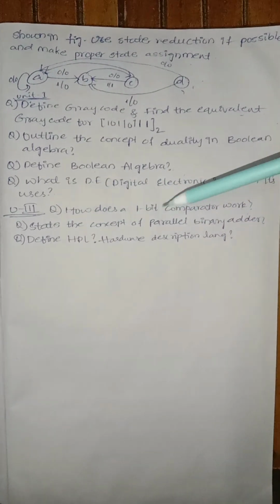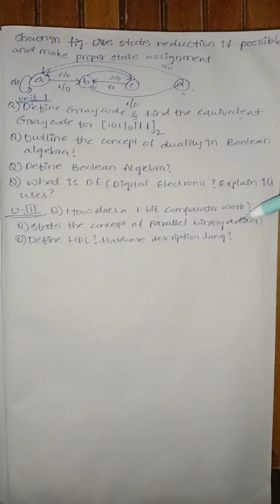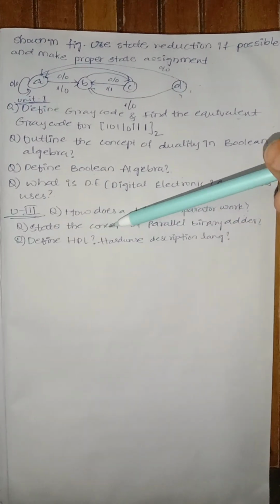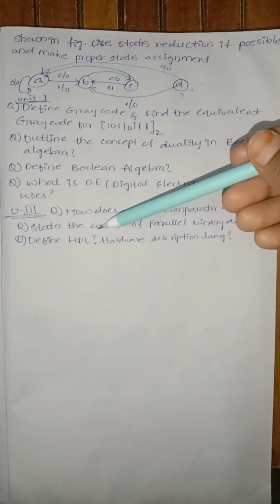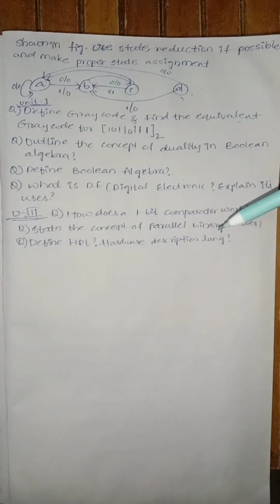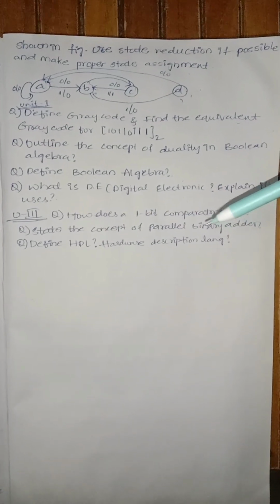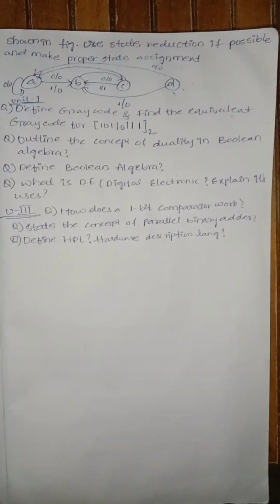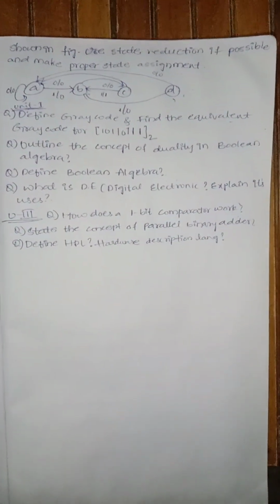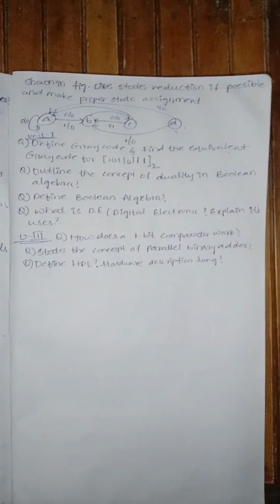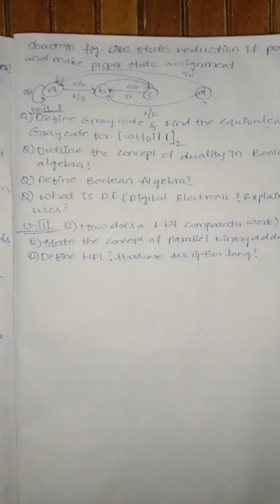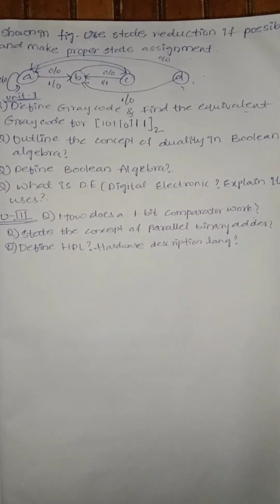With the concept, you need to explain 2 to 3 points for a short question. HDL, hardware description language, in which cases we use this hardware description language. What is the use of it? We need to explain in 3 to 4 points for a short question. These are the questions for scoring marks for regular and supplementary students.